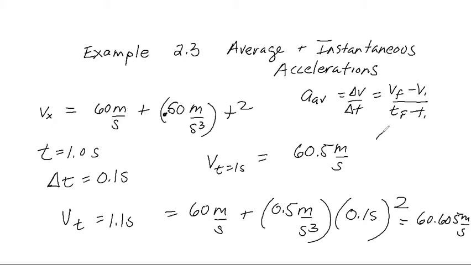So we've got 60.605 meters per second minus 60.5 meters per second, divided by 1.1 seconds minus 1.0 seconds.